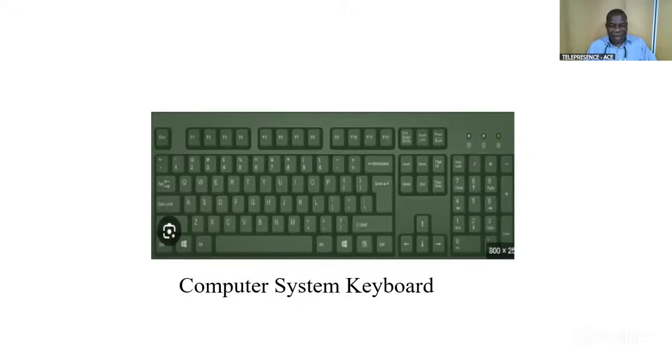This is an example of a computer keyboard that you see. You can see that the keyboard contains alphabets, it contains numbers, and it contains these special characters and some other functional keys that can help you to navigate the computer system.